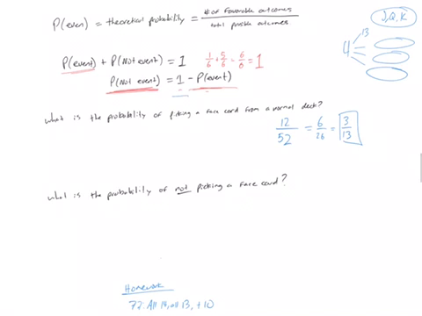So we can use the fact up here that the probability of not picking a face card is going to be 1 minus the probability of picking a face card. So what we're looking for is 1 minus 3 over 13. Or we could write this as 13 over 13, because this is just 1, minus 3 over 13 would give us the probability of not picking a face card. So this is going to give me 10 over 13.